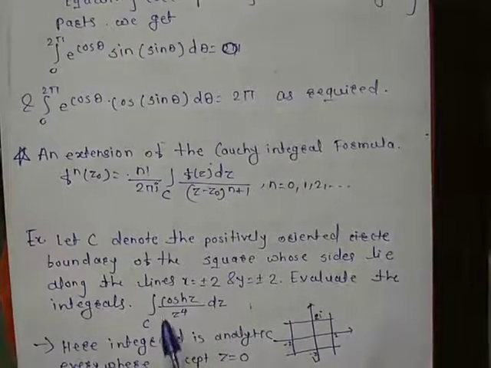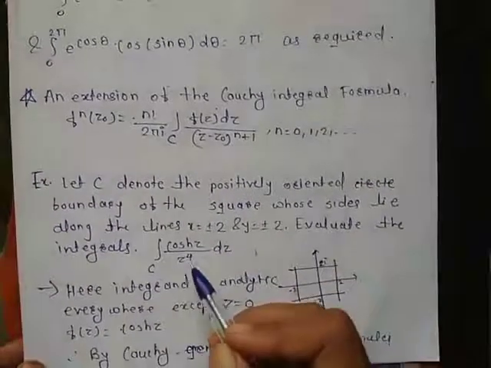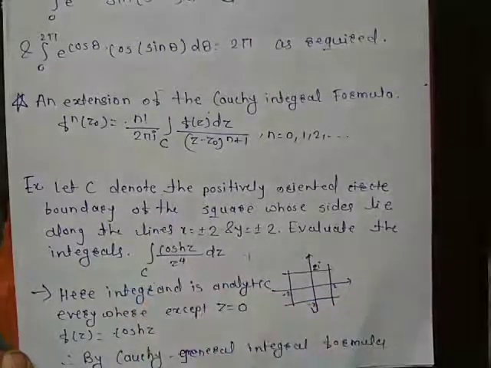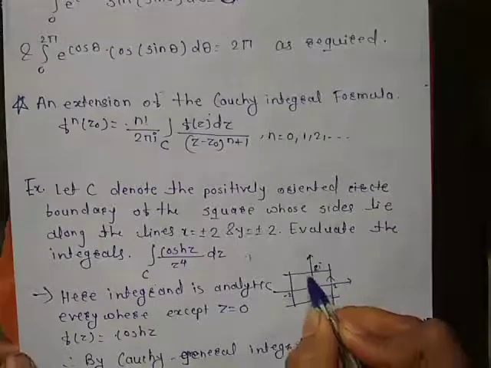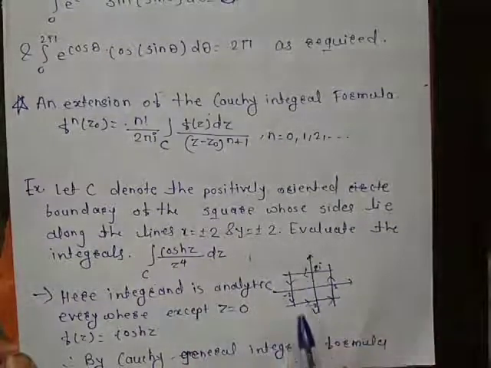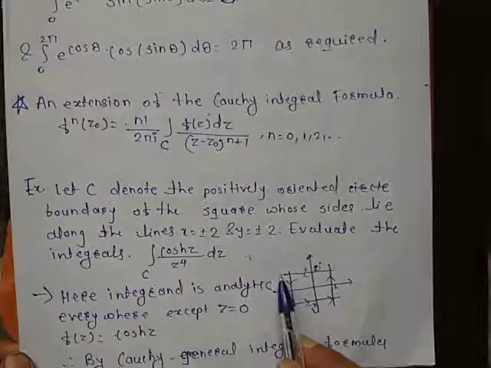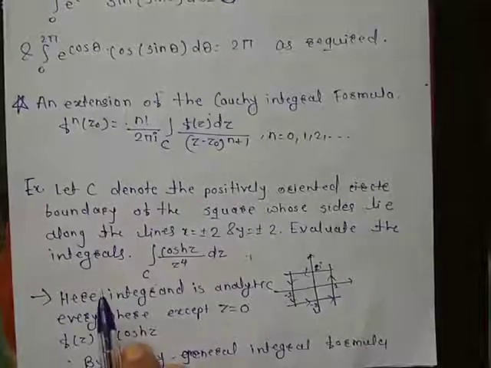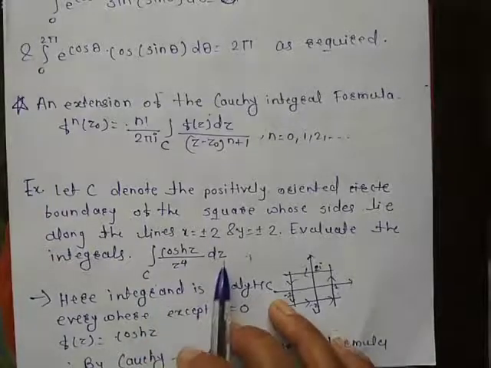Evaluate the integral over C of cosh z upon z raised to 4 dz. C denotes the positively oriented boundary of the square, meaning the direction is like this. Here is the line x equals minus 2, this is x equals 2, y equals 2, and this is the line y equals minus 2. We have to evaluate the integral over C of cosh z upon z raised to 4 dz.